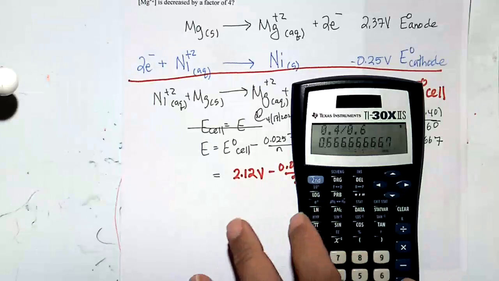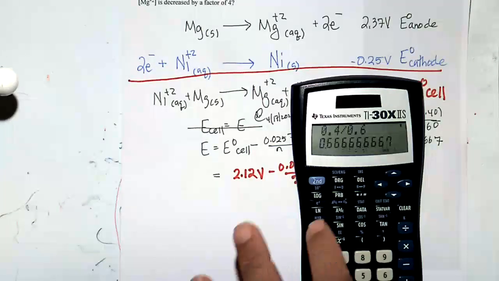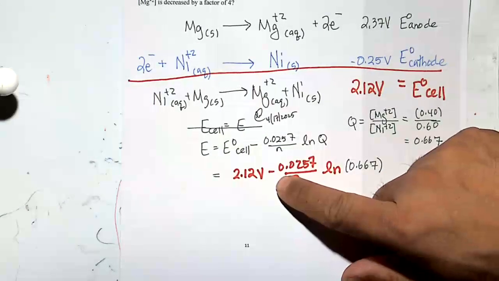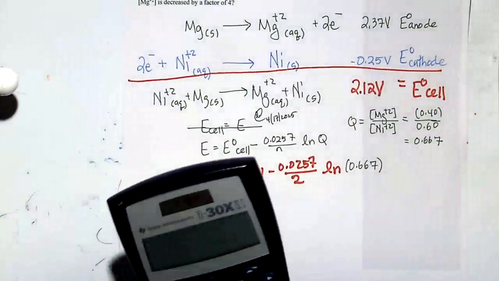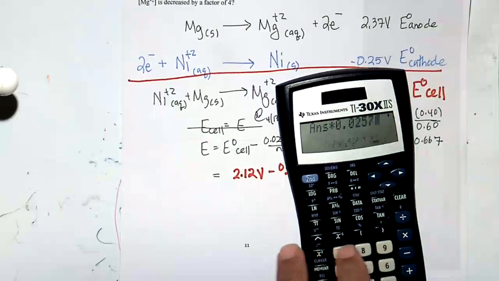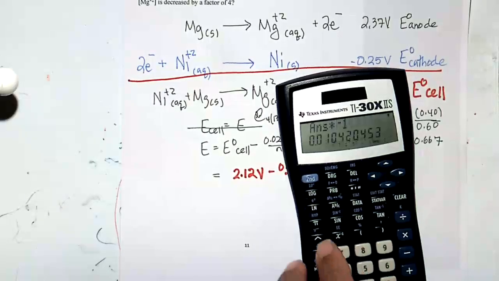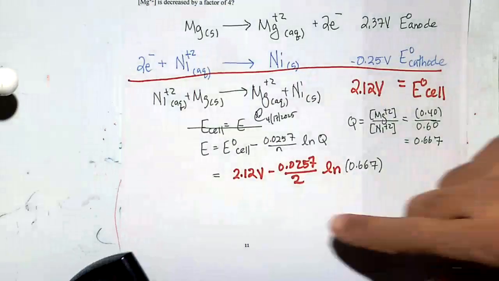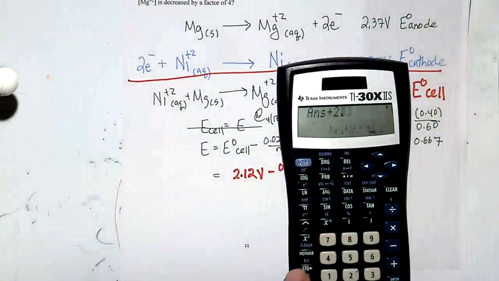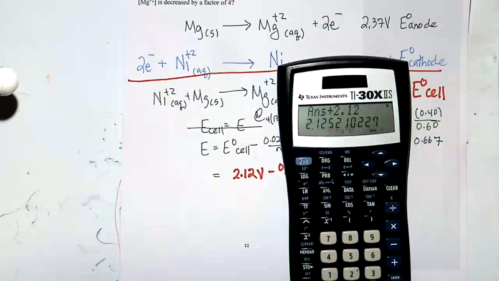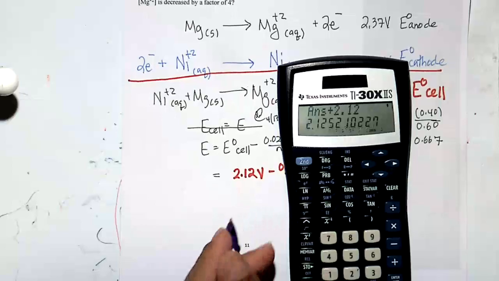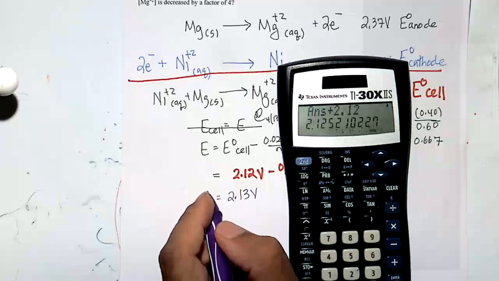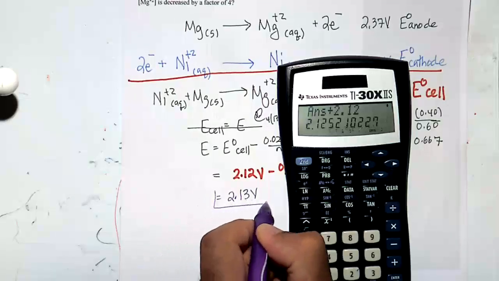We're going to take the natural log of this, times a negative 0.0257, but make sure you put a negative in there. And then we will divide this by 2, and then add 2.12. And I'm getting about 2.125, you could call it 2.13 volts. Okay, and this is the answer.